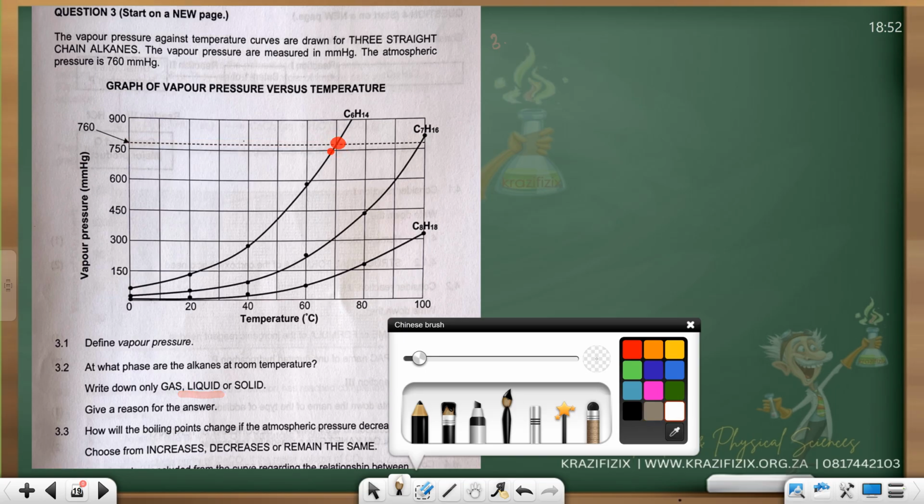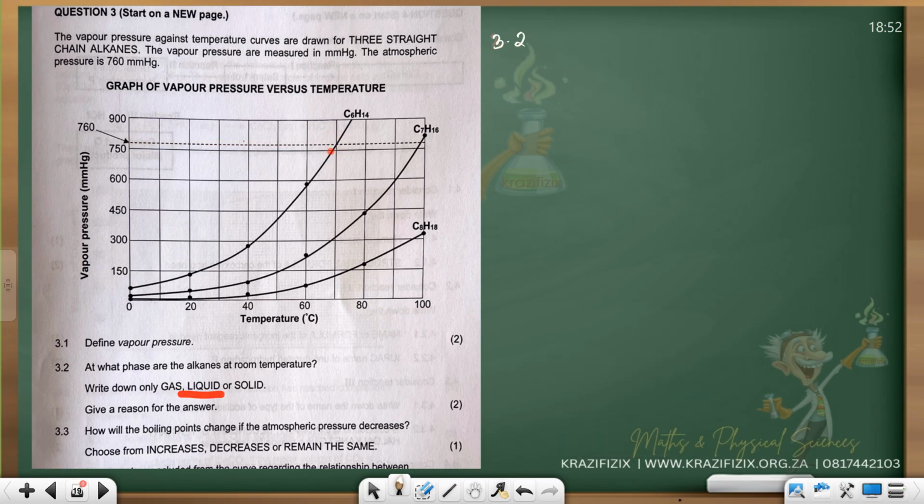3.2 will be liquid. Why? Give a reason for your answer. I was liquid, but I don't know why. How to explain it. The temperature is below the... No, the temperature is atmospheric temperature, right?